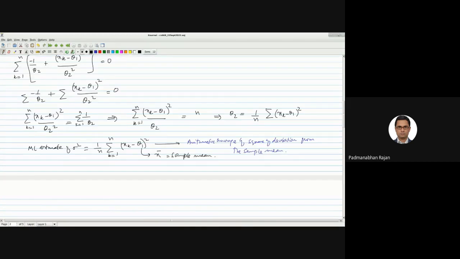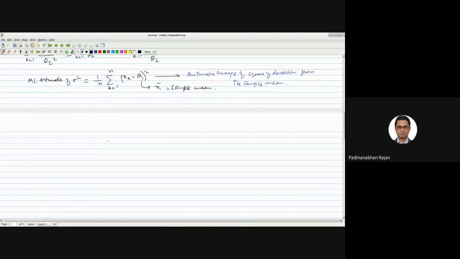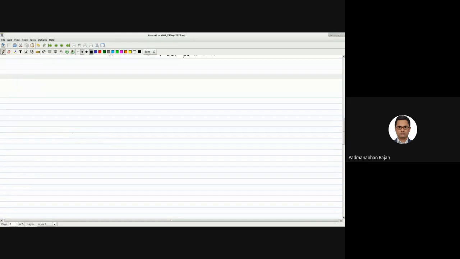Now another thing that you must remember, which I touched upon last class: the ML estimate of mu is equal to x bar, the sample mean. But x bar is the same as the expected value of x, where x is the underlying random variable from which we are drawing the observations.